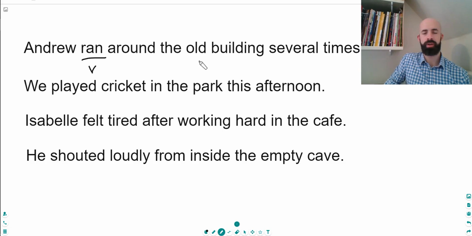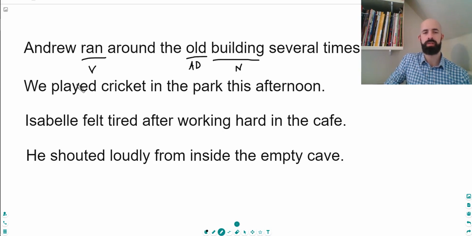And if I continue through the sentence, I can see here, building, something I can point to and name. That's a noun right there. And right next to the noun, I have something describing it. It's an old building. So this is going to be an adjective.